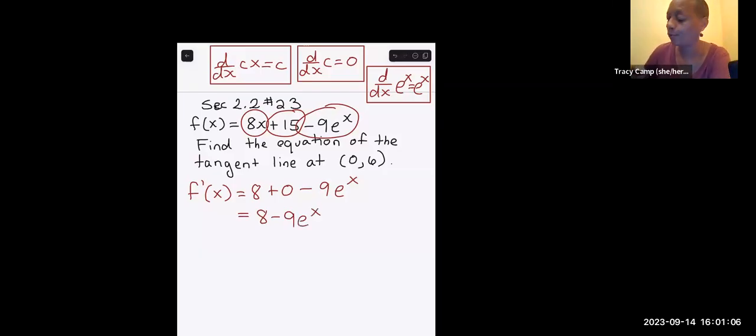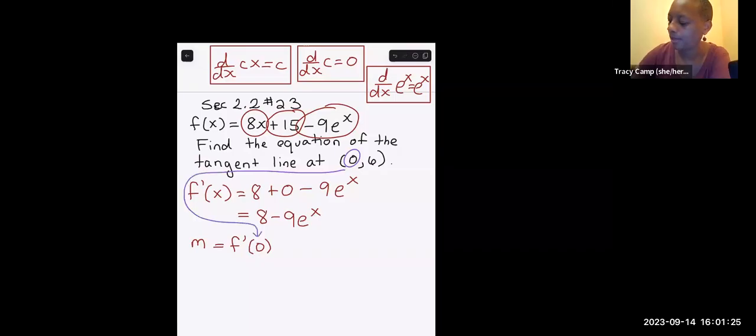And for my slope, m, I want f prime of 0. That's where I got the 0, from the value they gave us for x.